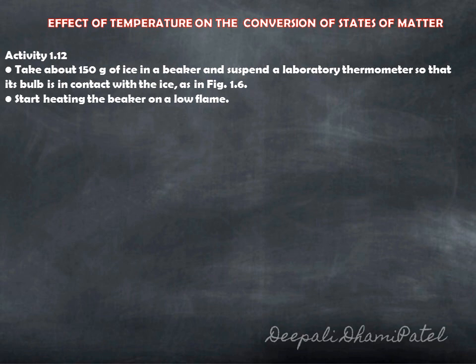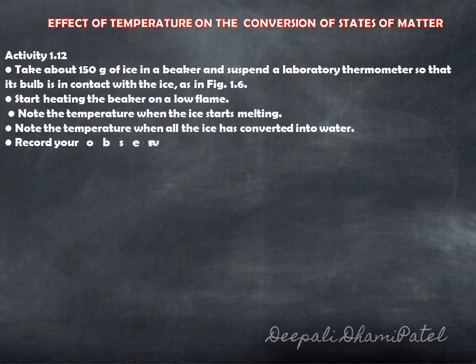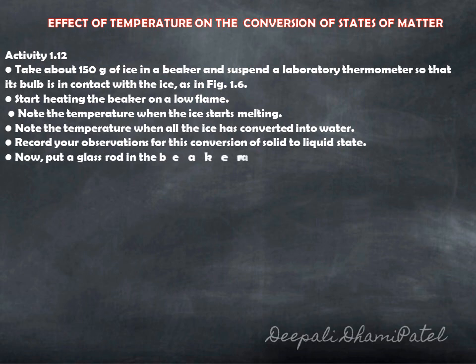Start heating the beaker at a low flame. Note the temperature when the ice starts melting. Note the temperature when all the ice has converted into water. Record your observation for this conversion of solid to liquid state.